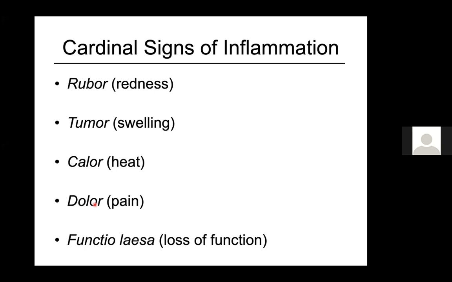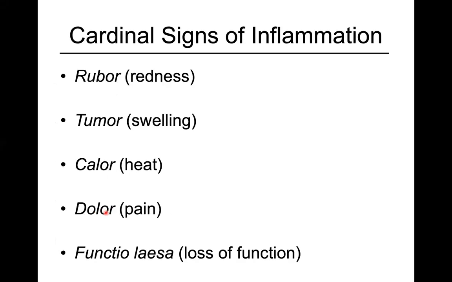What is in italics is a Latin name from which we derive these signs. So rubor being redness or the erythema that is seen. Tumor meaning a swelling, okay? So not tumor meaning cancer. Tumor basically means a swelling, but we know that most cancers present with swelling, okay? Then calor meaning heat, okay?